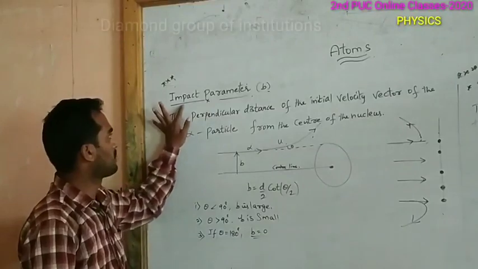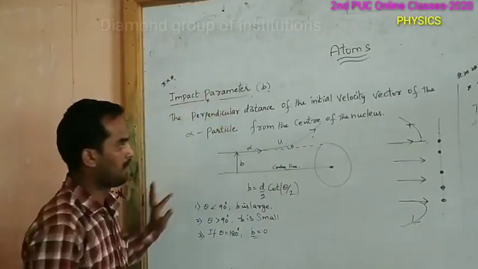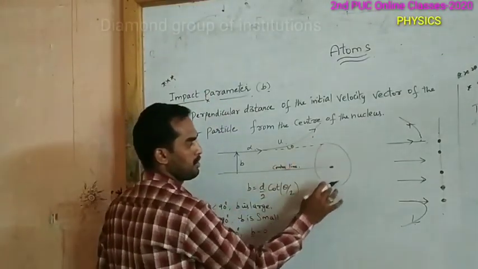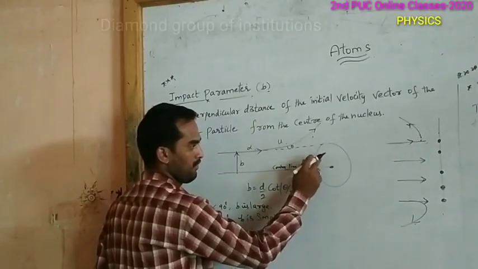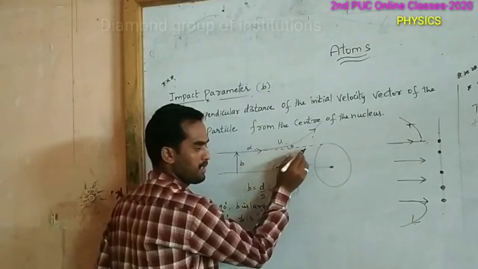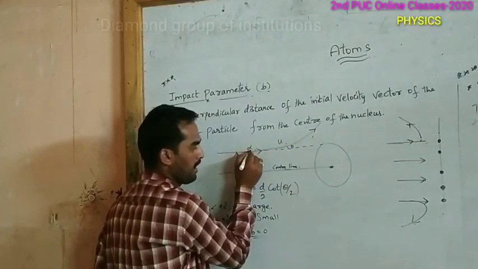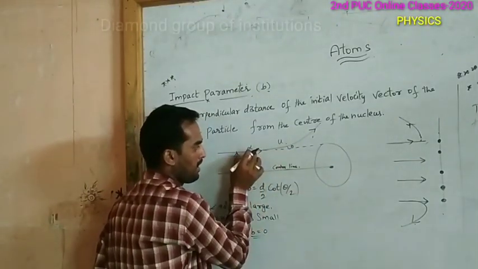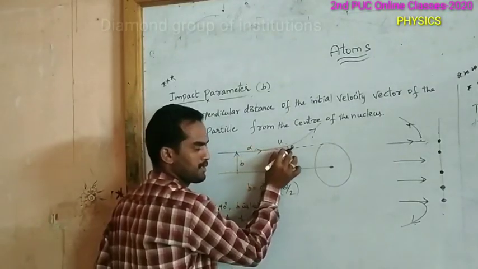Next concept, impact parameter. Here there is a nucleus. An alpha particle with positive charge is coming towards the nucleus up to a certain distance.